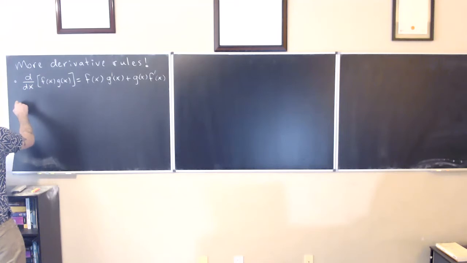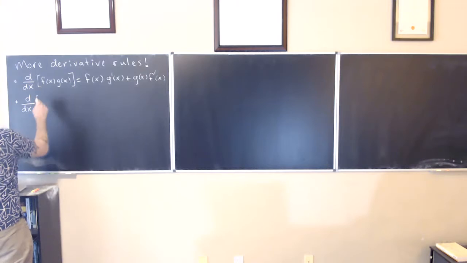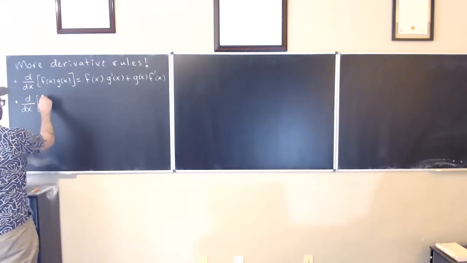And the second rule is called the quotient rule. Okay, and this is kind of a long, nasty looking equation.